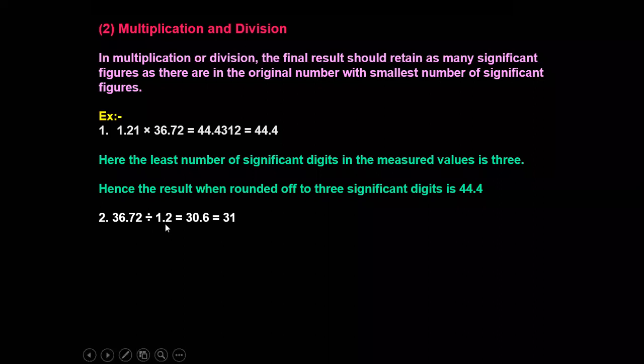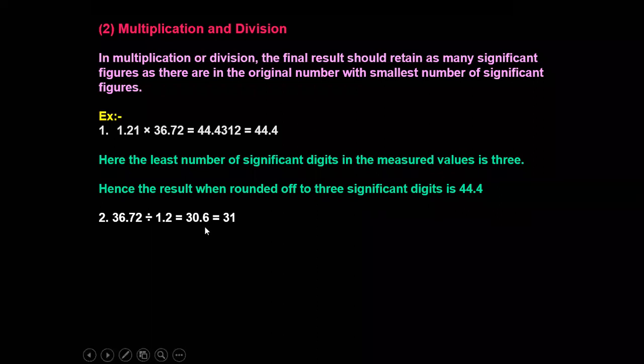36.72 is divided by 1.2. What are we getting? 30.6. The smallest value in this given data has 2 significant figures, so the result also should have 2 significant figures.